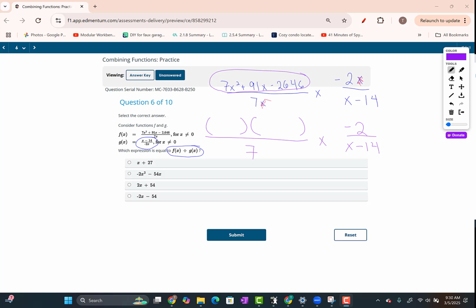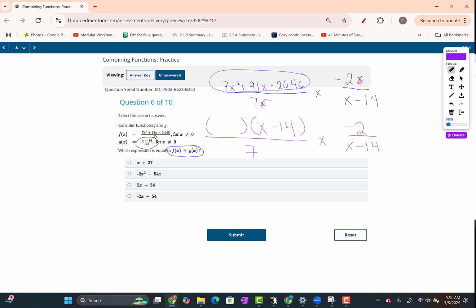Since I noticed there is no x minus 14 in any of these answers, that gives me a big clue that x minus 14 is also going to be one of these factors. So I really just need to come up with the other factor.